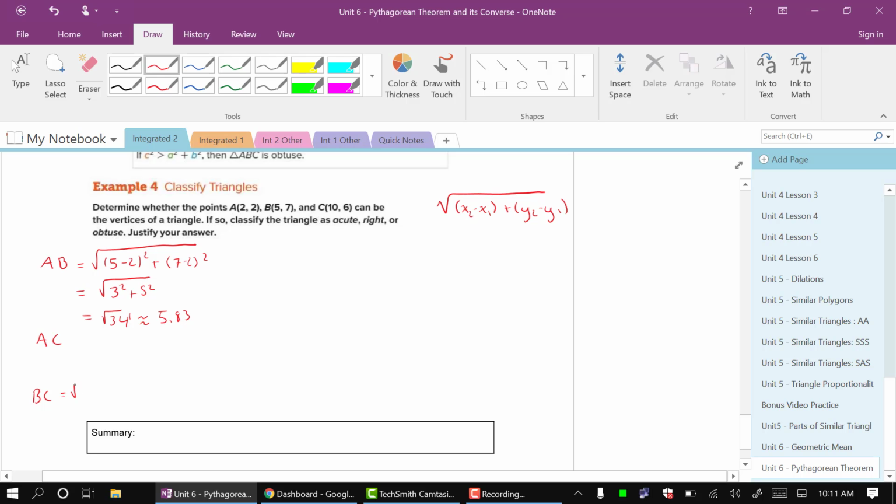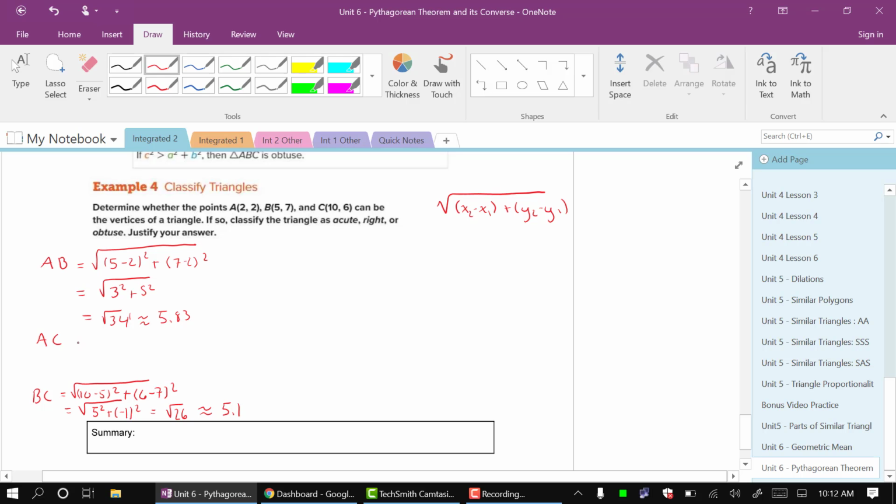So BC is going to be the square root of 10 minus 5 squared plus 6 minus 7 squared, which gives me the square root of 5 squared plus negative 1 squared, which is the square root of 26, which is about 5.1.